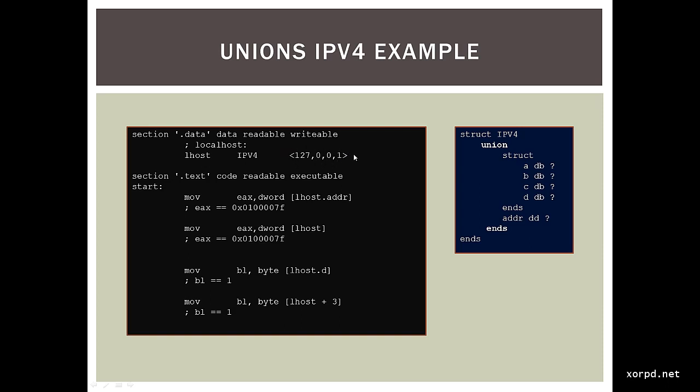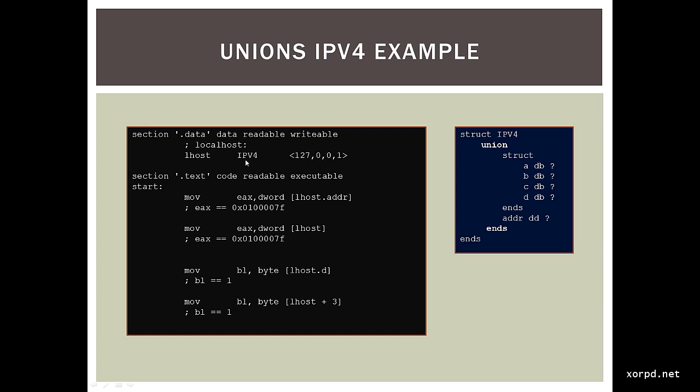If I wanted to use the dword form of initialization, then I had to change the order of this struct and others. I had to put others first if I wanted to initialize IPv4 as a dword. This is just a remark.